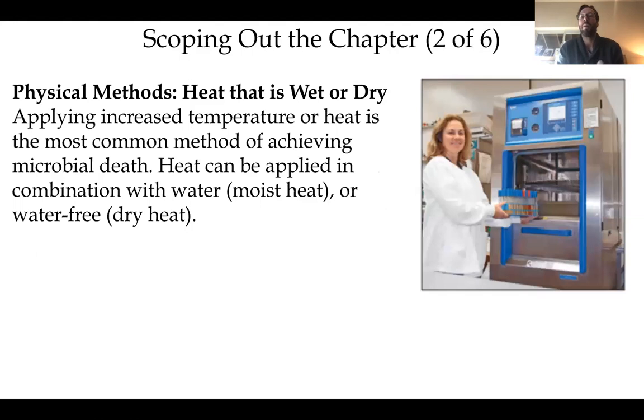We'll talk about some of the methods employed to do this. This is an image of an autoclave. We have an autoclave in the biology lab, and if you were doing a face-to-face lab, we would be having you personally use these autoclaves to sterilize your media, so your agar and your broth and some of the equipment.